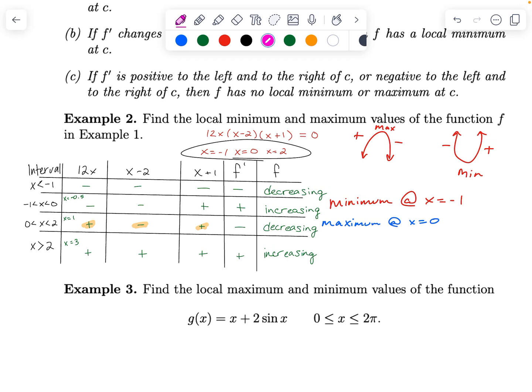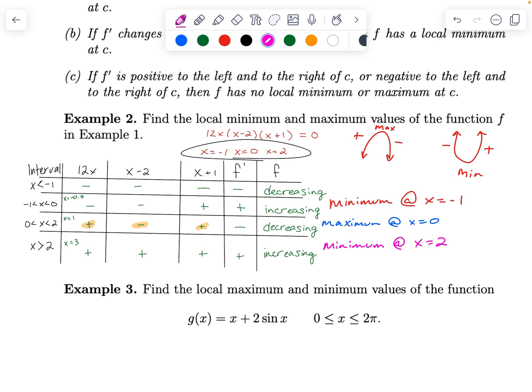And then our last one, I went from decreasing to increasing. So I went from going down to going up. That means I have a minimum at x equals 2.